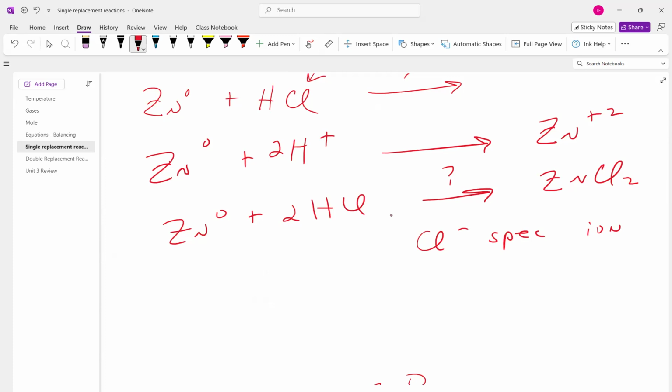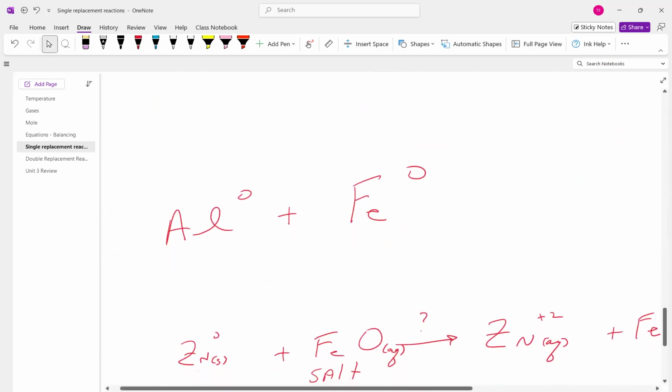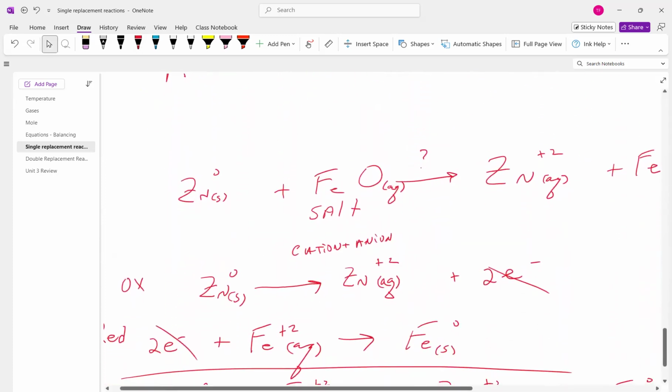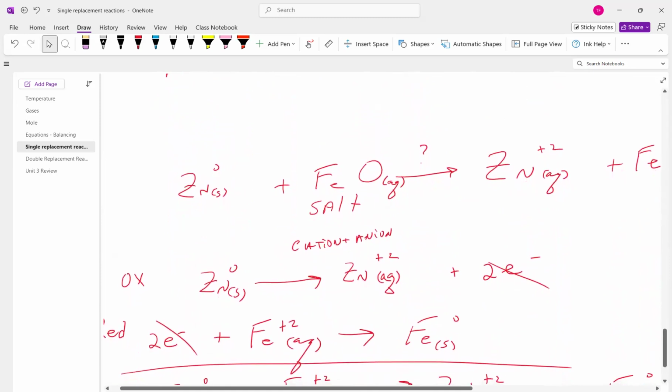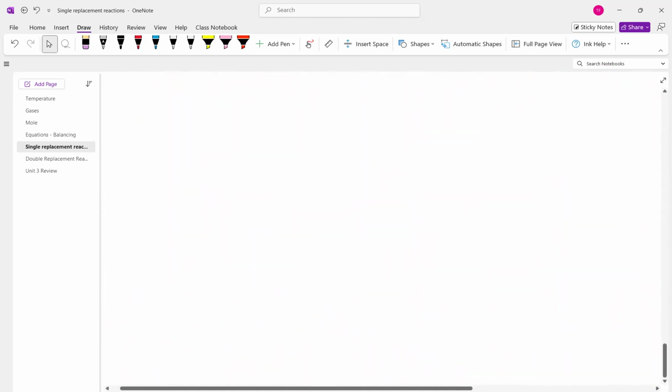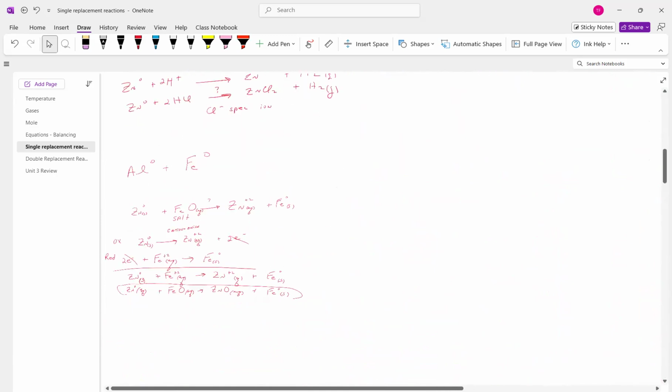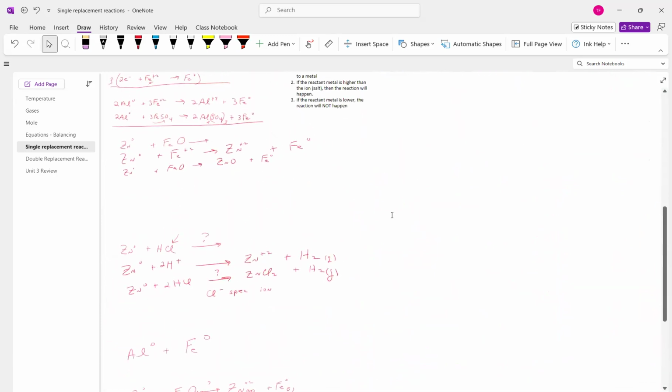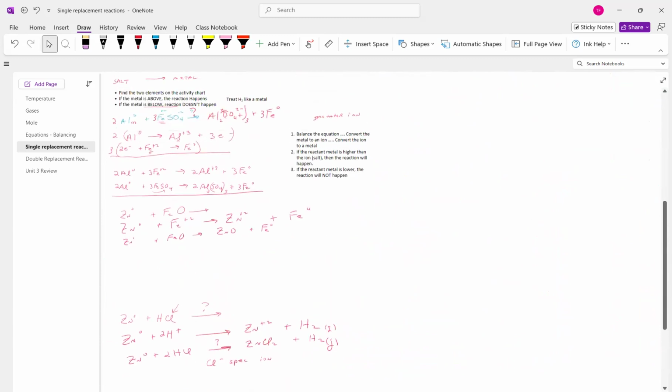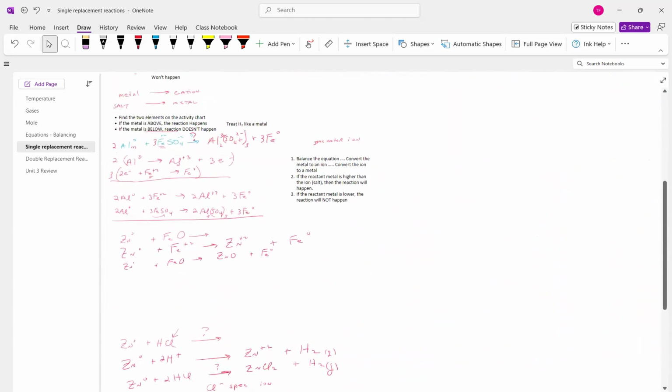Okay. So that's it on single replacement reactions. Those are all the examples I gave. Any questions about this?